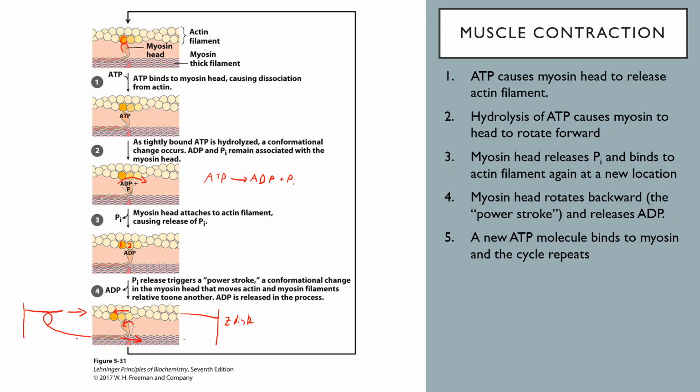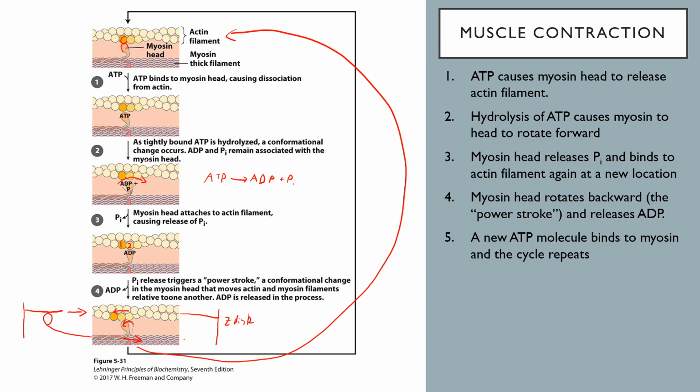It's pulling the other Z disc again toward the middle, and that creates the force. And then after that, the myosin head has the ability to bind to another molecule of ATP. So the whole cycle just starts over again. Another ATP can bind to myosin, and the whole thing repeats.